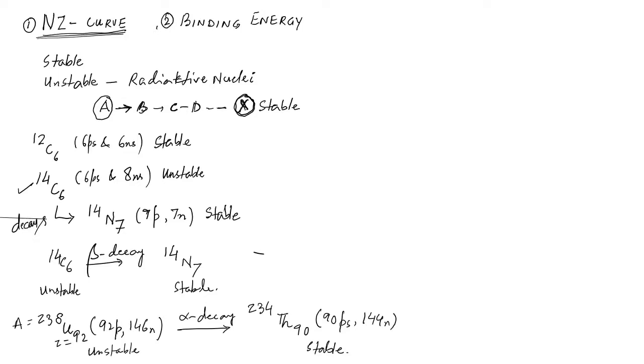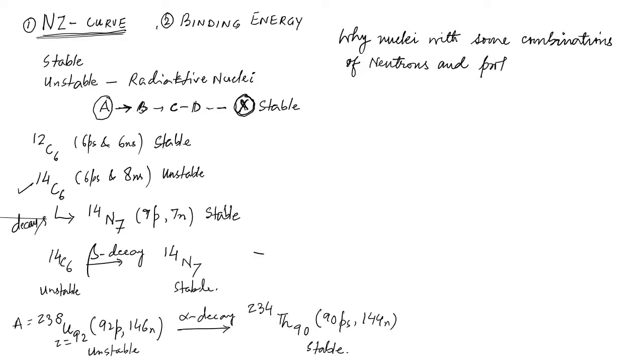So the question arises: why are nuclei with some combinations of neutrons and protons more stable than others?